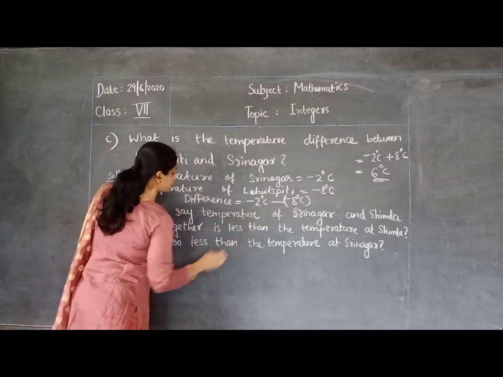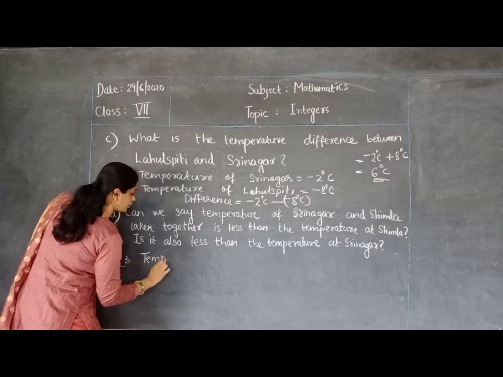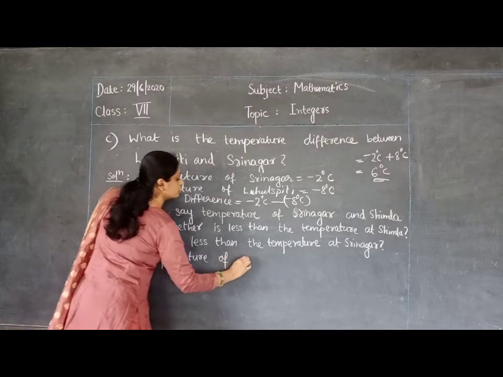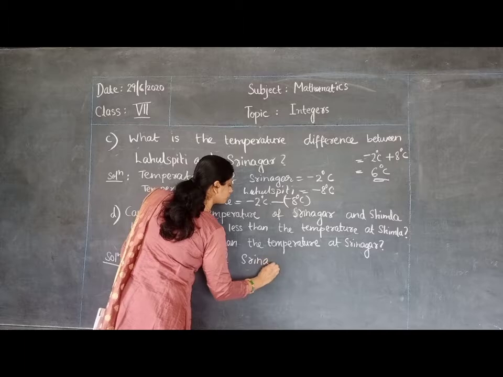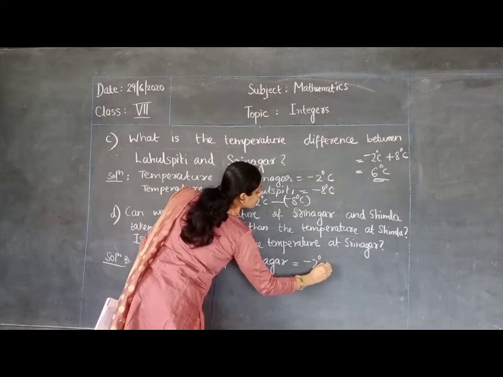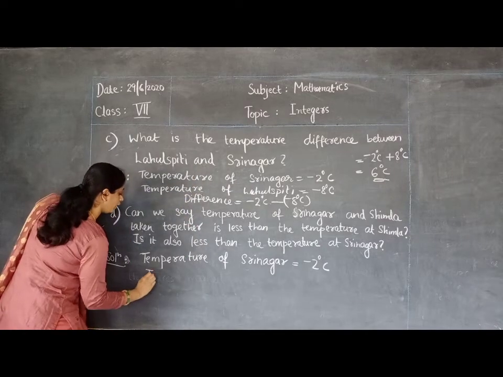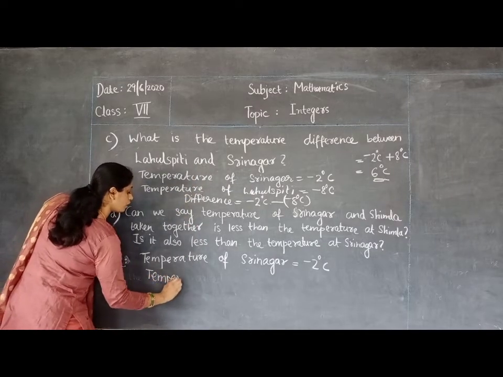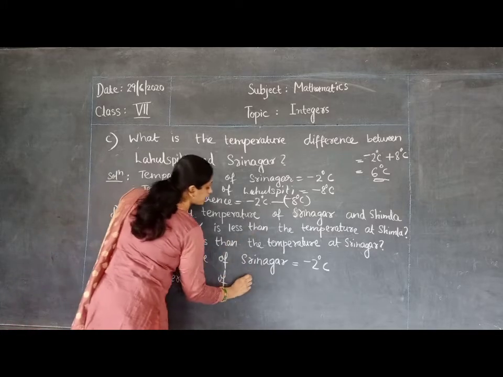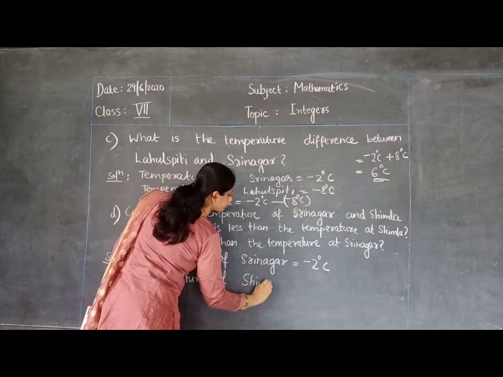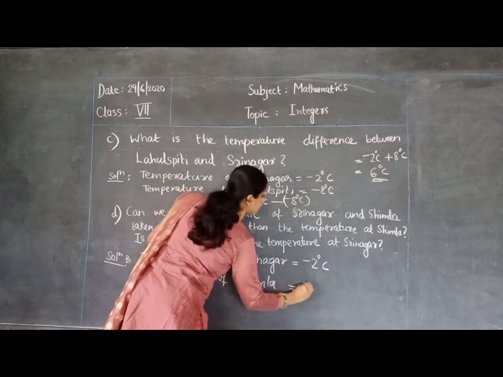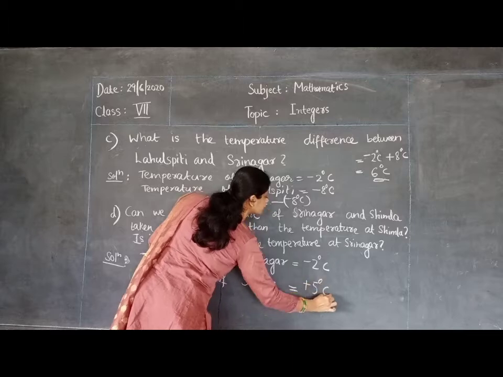So temperature of Srinagar I will write here. Temperature of Srinagar, that is minus 2 degree Celsius, and temperature of the second place is Simla, that is plus 5 degree Celsius.